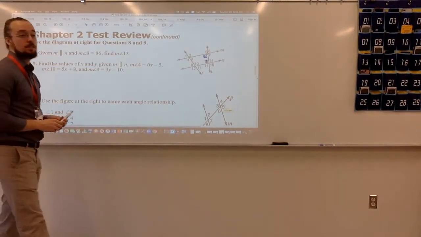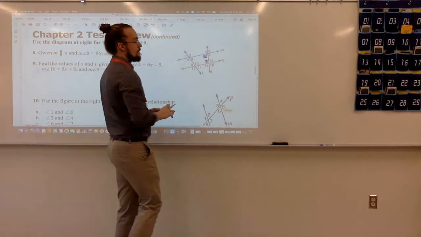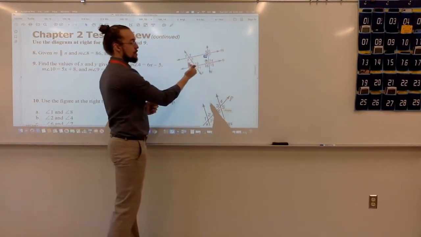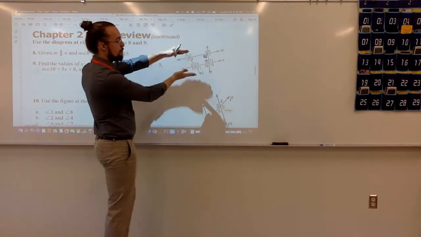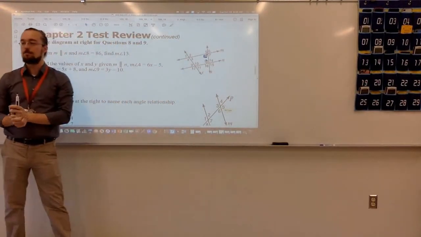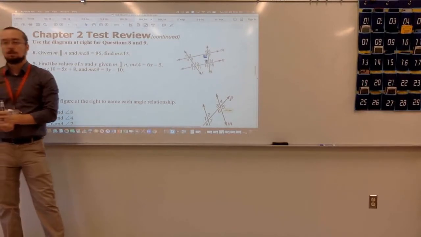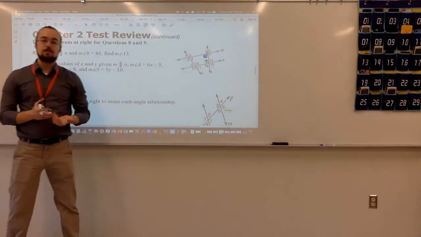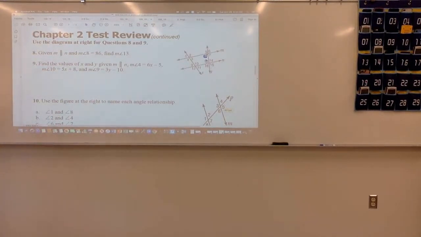What is it? Not corresponding. So they're on the same side of the transversal. They're both on the inside of my parallel lines. So that one we called consecutive interior. Right? If they're on the same side of the transversal, both on the inside of the parallel lines.